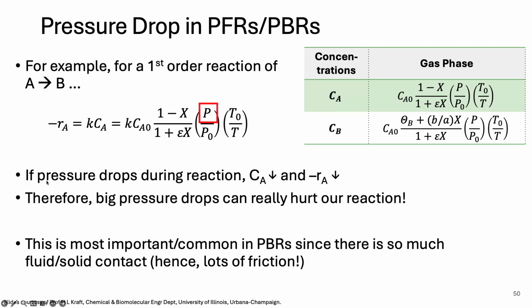If our pressure drops, so P becomes less than P naught during our reaction, that effectively reduces the concentration of our reactant and therefore slows down our reaction rate. So pressure drops can really slow down our reaction.